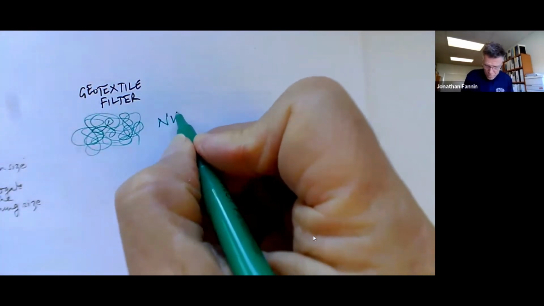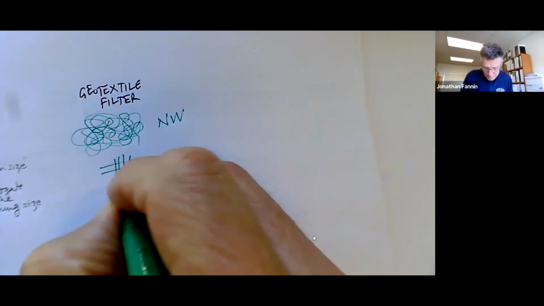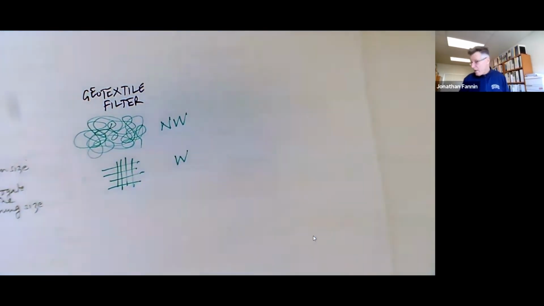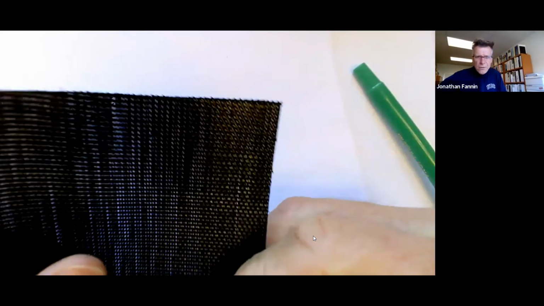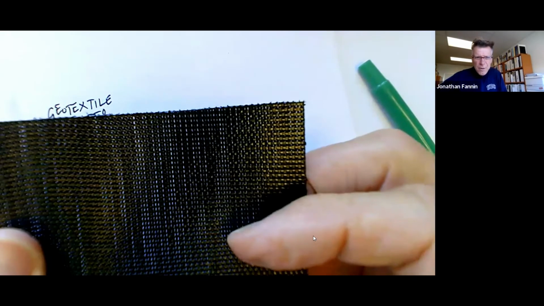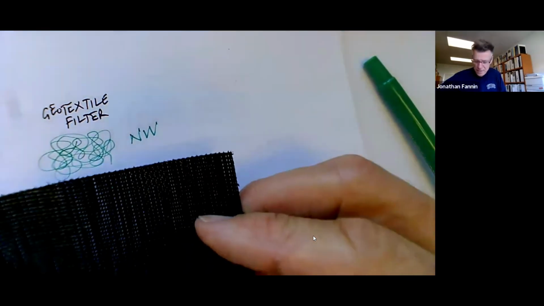Or there's the world of the woven geotextile. The weaves can get quite intricate, but you see, it's very much a regular series of opening sizes there, right?